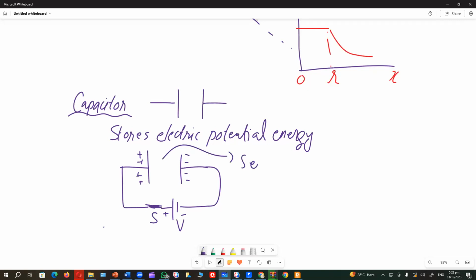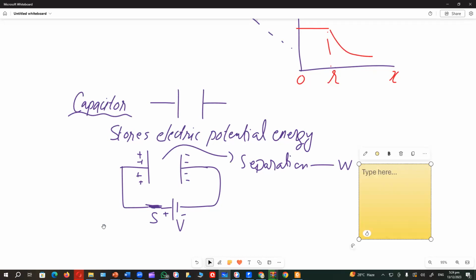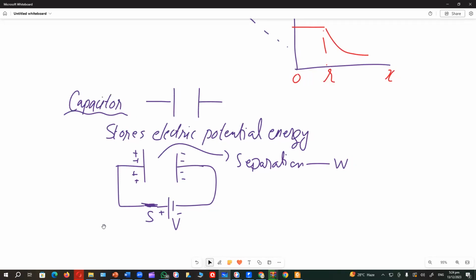So for this separation, we need to do some work.